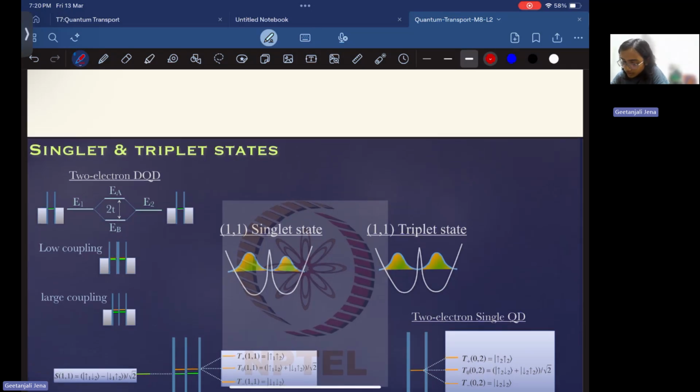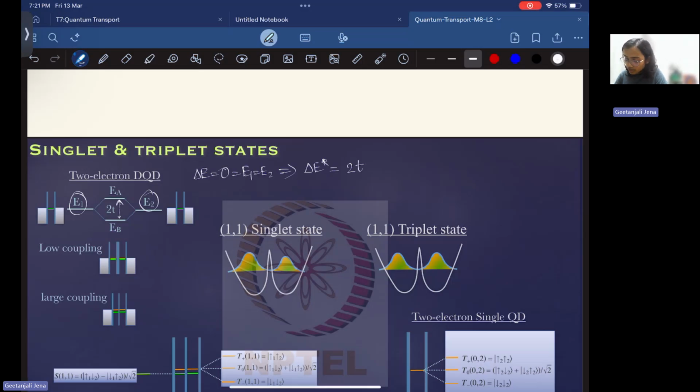For this two electron double quantum dot, when E1 and E2 are the same, we have seen earlier when delta is 0, then delta E star is 2 times T. So when delta is 0, which is E1 and E2 at the same level, E1 is equal to E2, the splitting between antibonding and bonding, or singlet and triplet state, we can write as 2 times the tunneling matrix element.